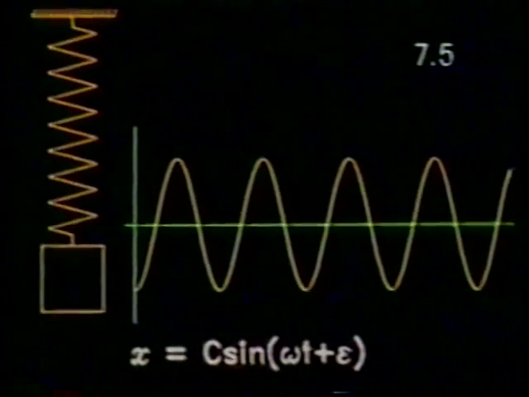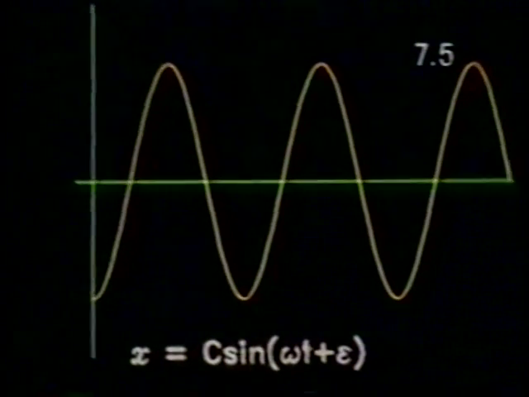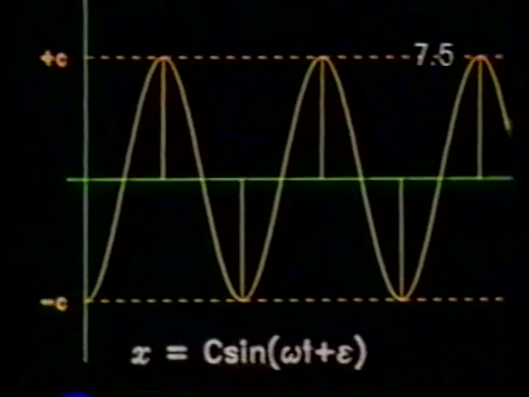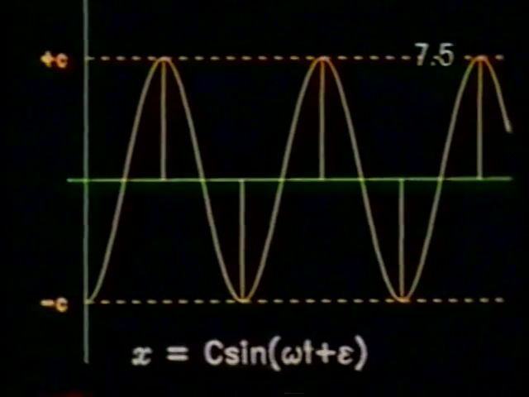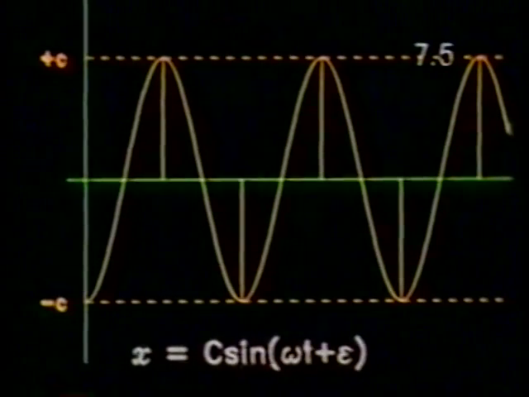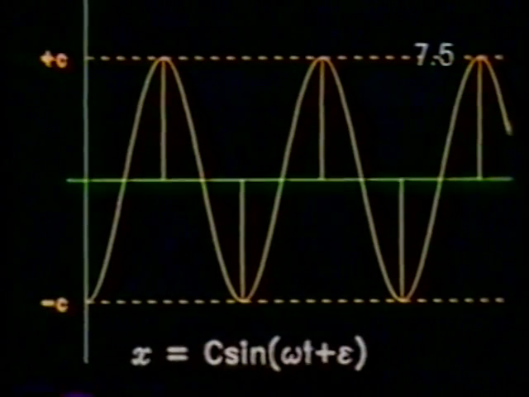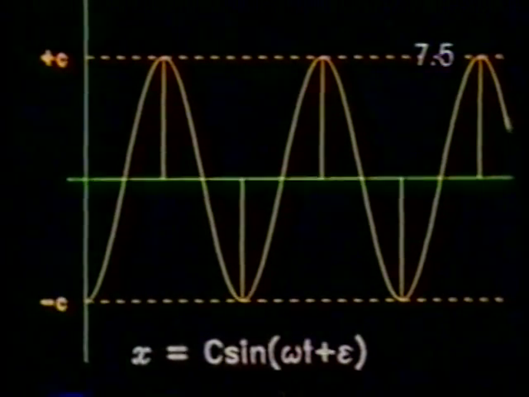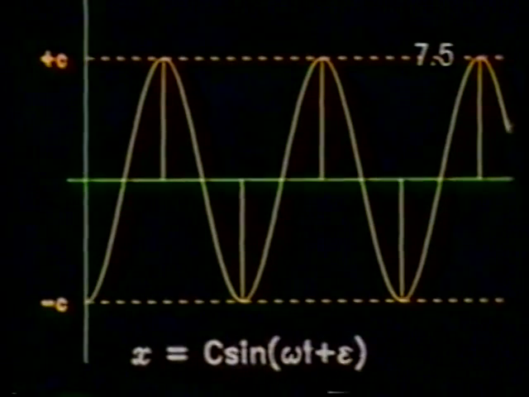Somehow this picture is not very good because the amplitude is bigger in reality than in the picture. So this is an amplitude, plus C minus. And this C must be big C on the left.